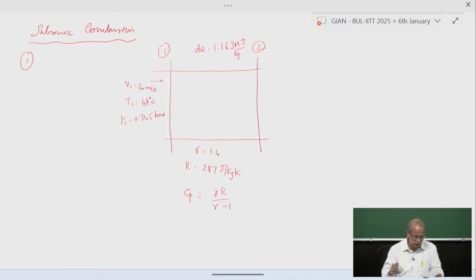Now we are asked to calculate the properties, all of them at the exit. So there are 2 parts. Part number 1 is to calculate the static temperature T2, static pressure P2, stagnation pressure PT2, stagnation temperature TT2, and velocity V2 at the exit of the combustion chamber.